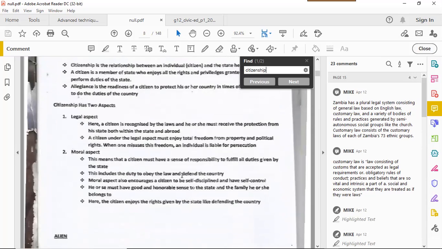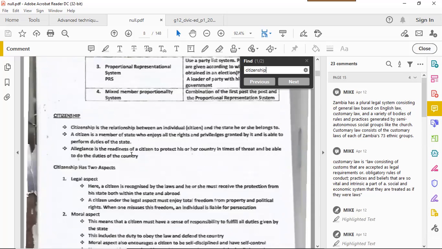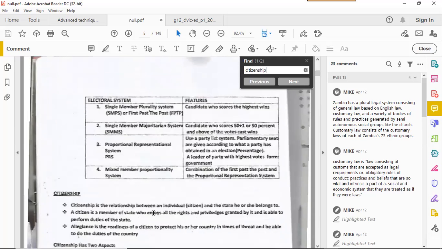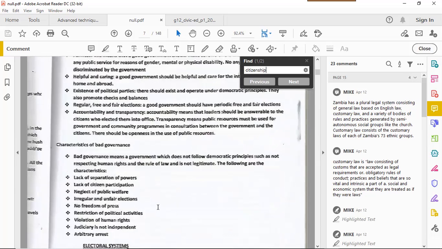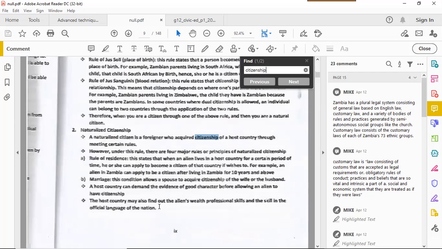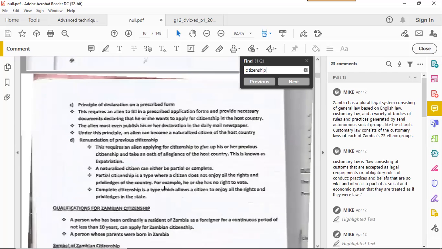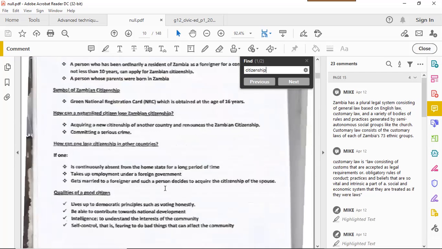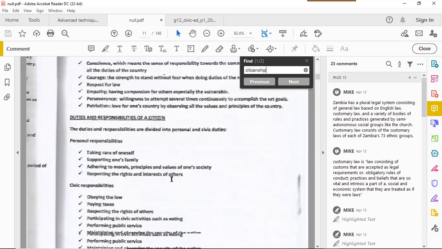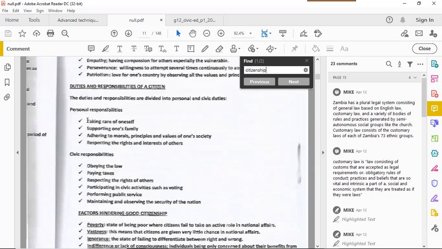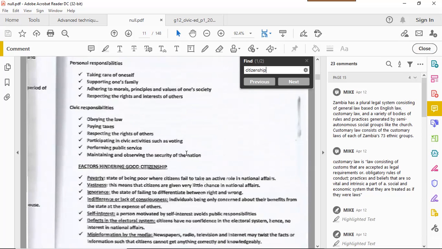So characteristics of citizenship has got 2 aspects, legal aspect, you see. Then you just start searching for the answer. So qualifications of citizenship, you see.